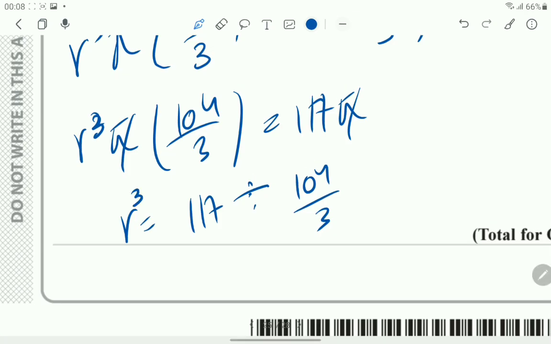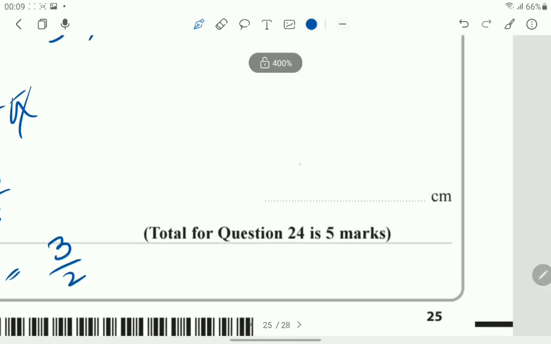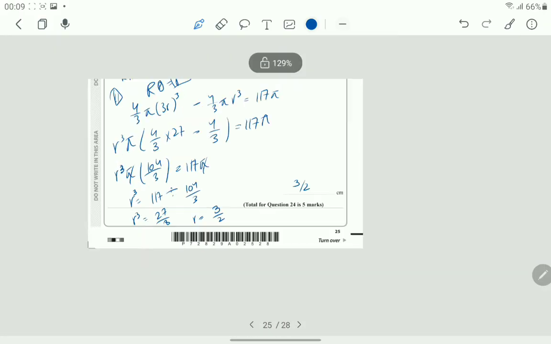So R cube equals 27 by 8, and if we send the cube root over there, we get R is equal to 3 by 2, and that is your final answer.